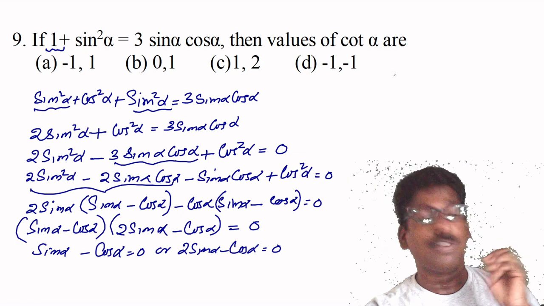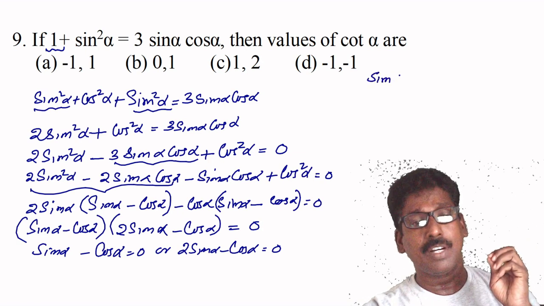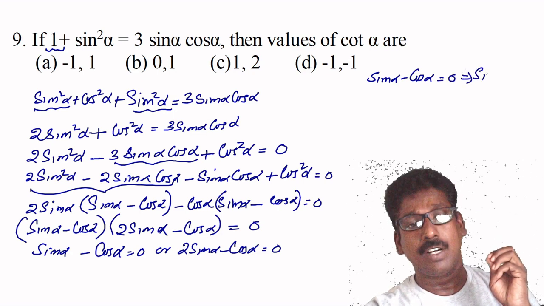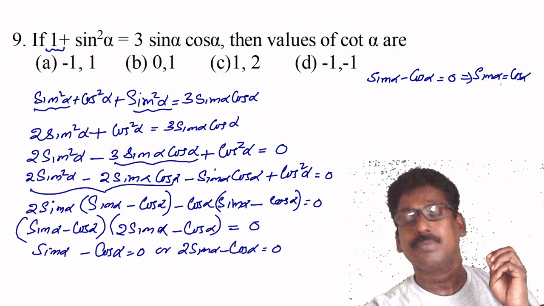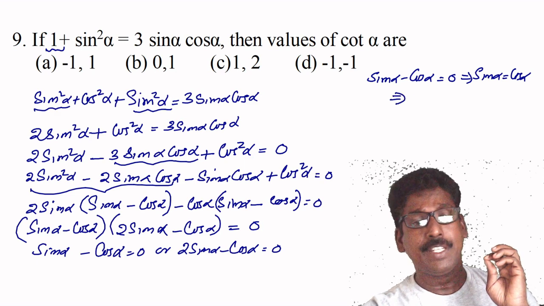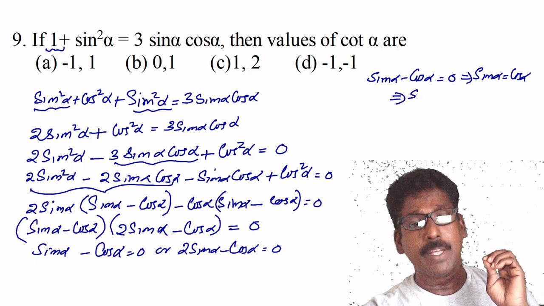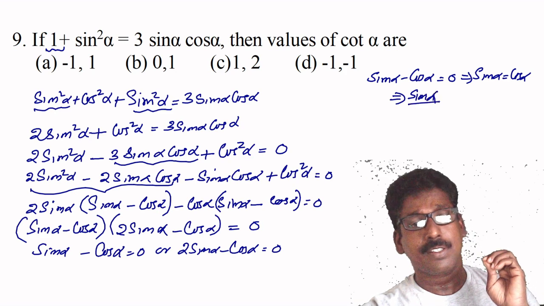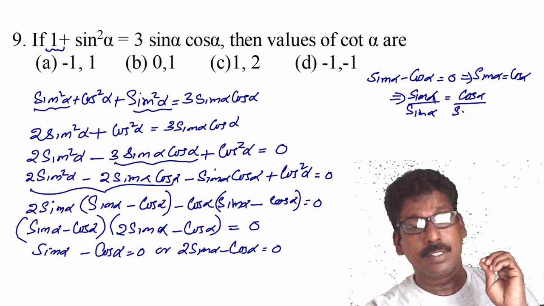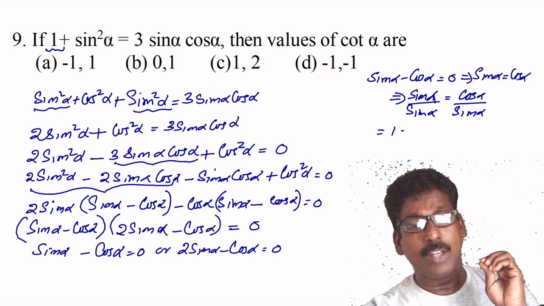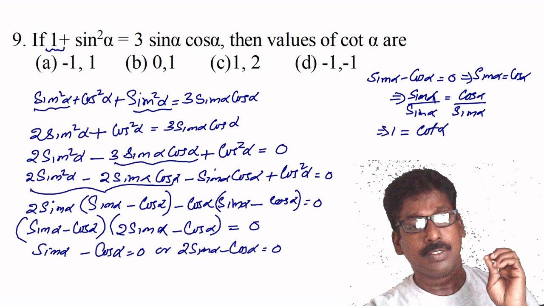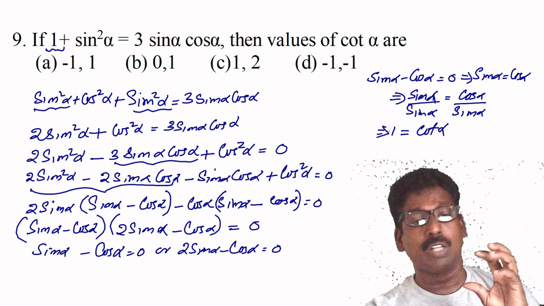Now let me take sin alpha minus cos alpha is equal to 0, implies sin alpha is equal to cos alpha. Divide both sides by sin alpha. What will you get? Which implies sin alpha by sin alpha is equal to cos alpha by sin alpha. That means 1 is equal to cos alpha by sin alpha is cot alpha. So one value of cot alpha is 1.